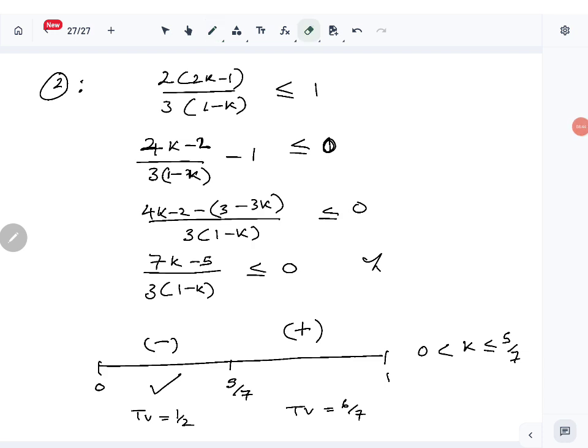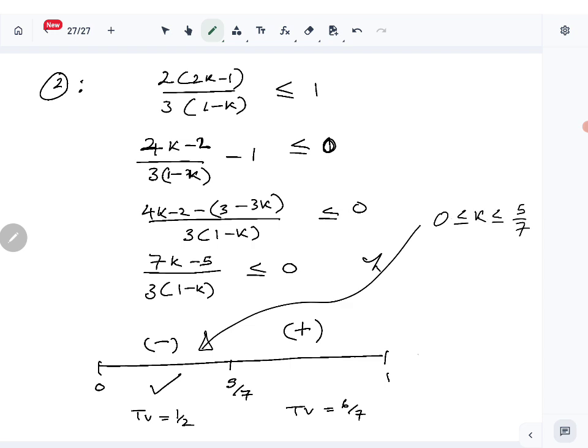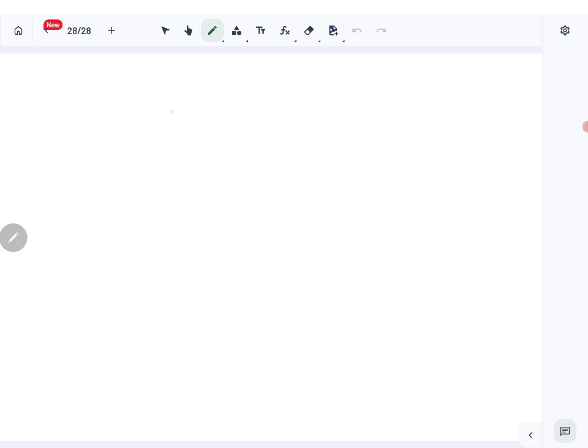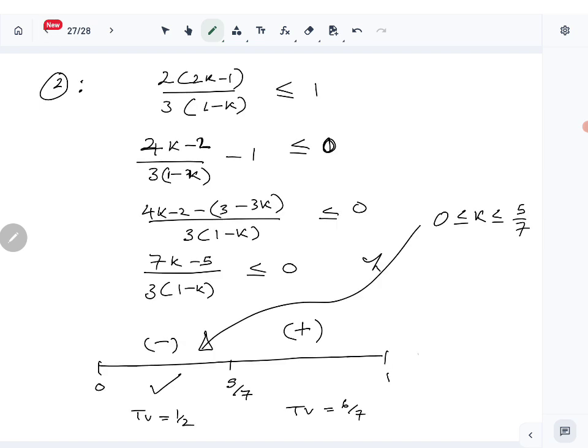So then the answer is what? Let me write it somewhere here: between 0 and 5 over 7. So for the final answer, you have to take the common part between the two answers. The first answer was half to 1. The second answer is between 0 and 5 over 7.